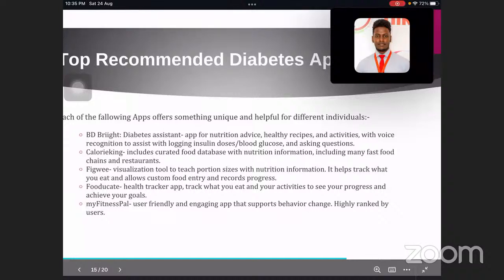And the fourth app is called Foodukate, which is a health tracker app that tracks what the patient eats and their activities, and finally shows the progress and achievement of goals. The fifth app, MyFitnessPal, is a user-friendly and engaging app that supports behavioral change.